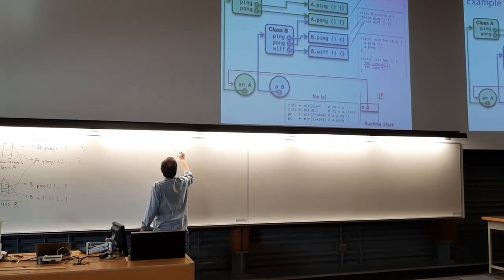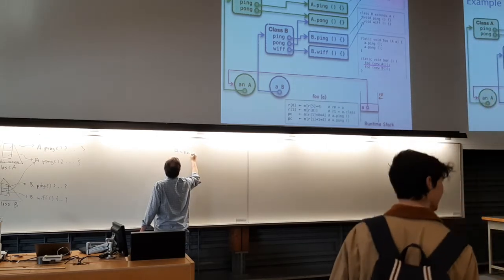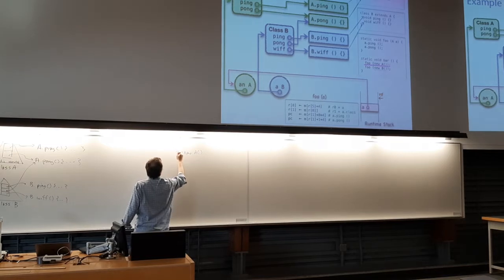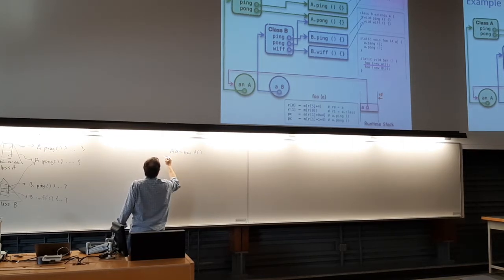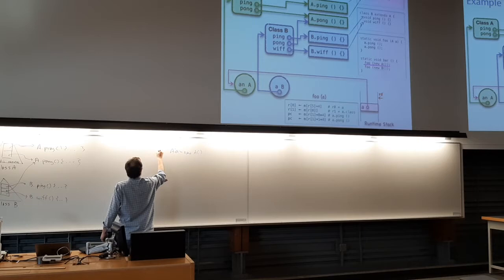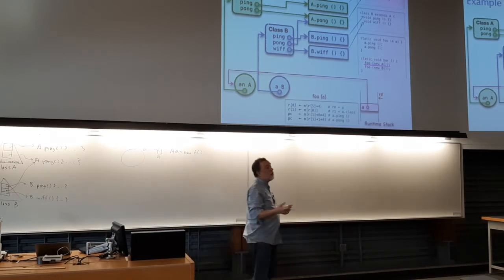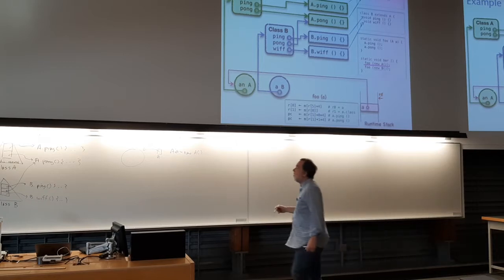So, A equals new A, which, here's A, and it points to an object. Now inside of this object will be all the instance variables. In this case there aren't any, but this is where they would be.